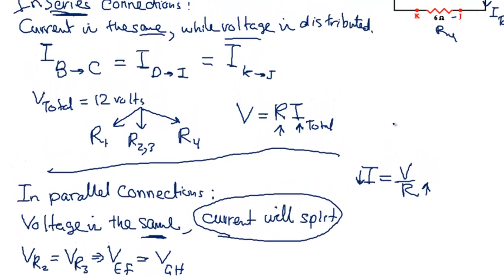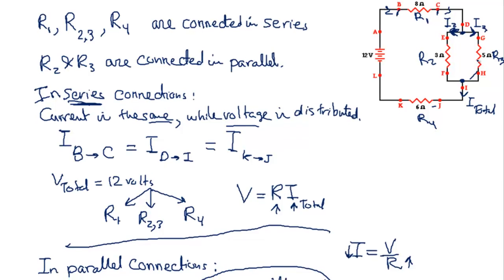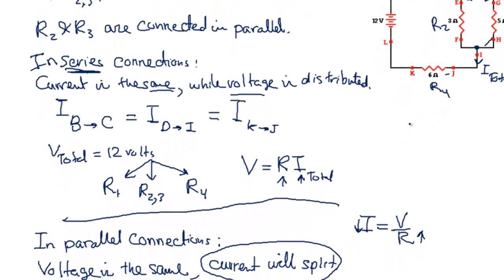Okay, so which one has the smaller resistor? Is it R2 or R3? Of course it's R2, 3 ohms. So R2 will get bigger current than R3 because it has smaller resistance. So hopefully now we can answer questions number 1 and number 2.